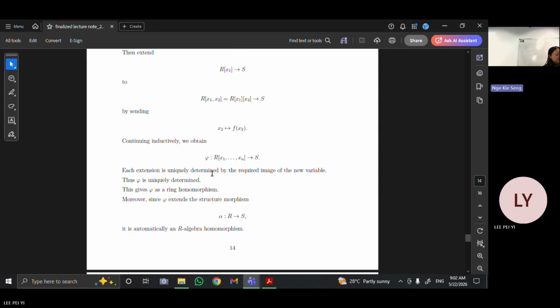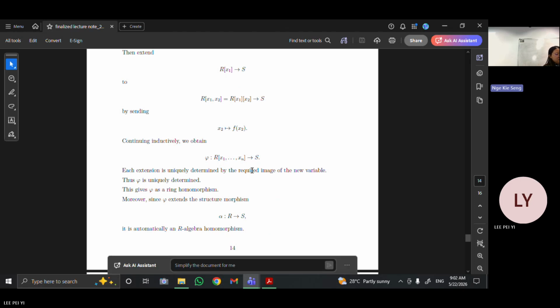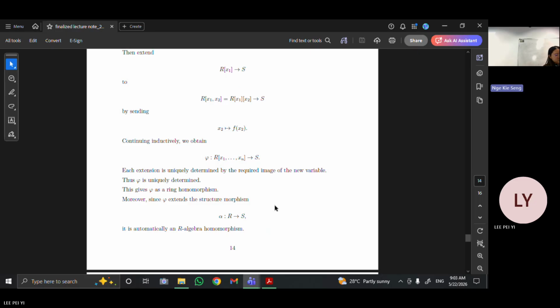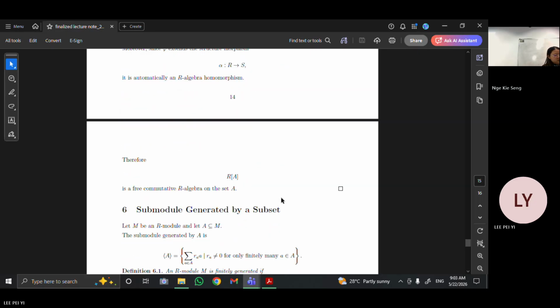Its extension is uniquely determined by the required image of a new variable, and the phi is uniquely determined. This gives phi as a ring homomorphism. And moreover, since phi extends the structural morphism, then the alpha is automatically an R algebra homomorphism. And therefore, R[A] is a free commutative R algebra on the set A.